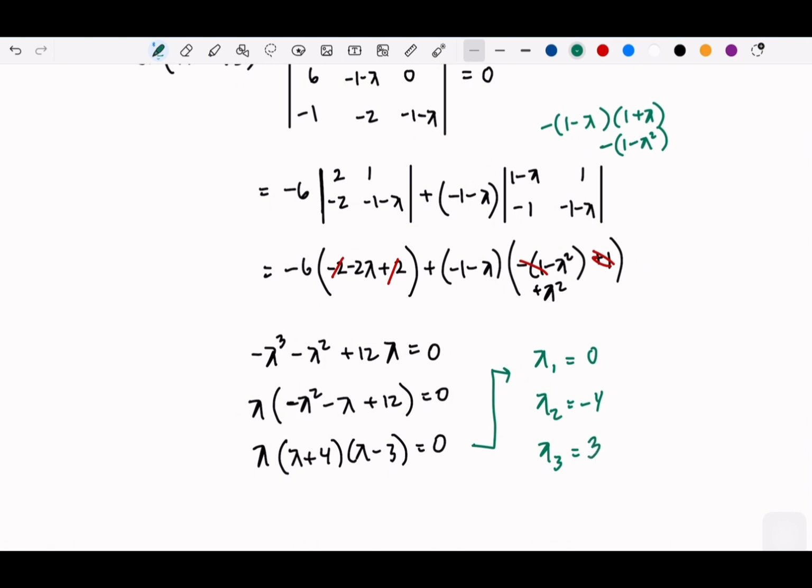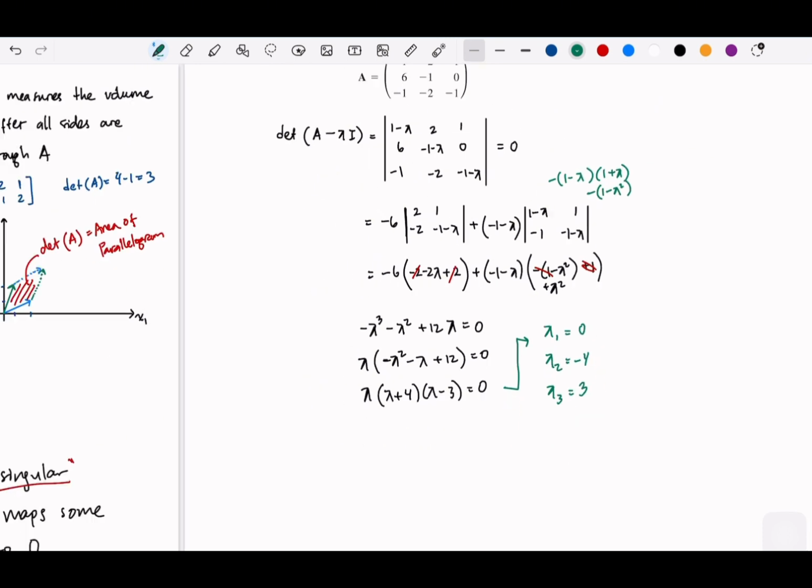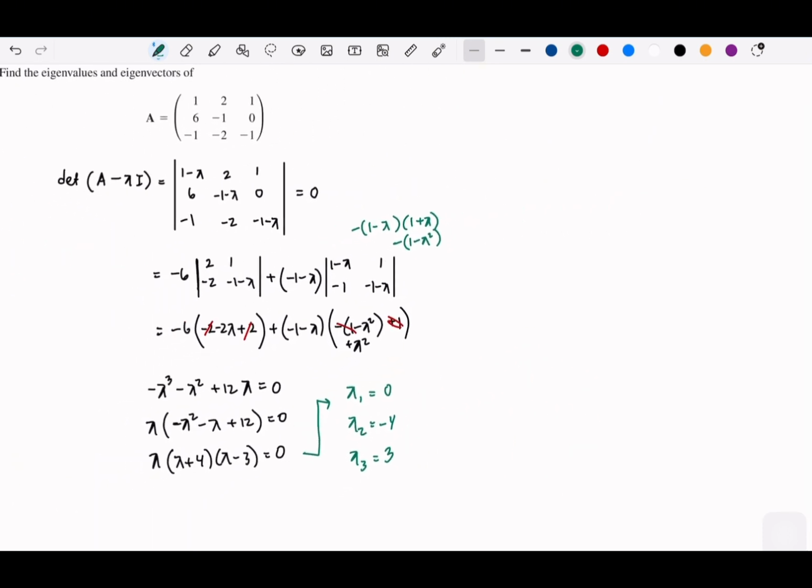Okay. Now what's next is we are going to test these eigenvalues, and we need to find the eigenvectors through this. So there are a lot of processes. It's simple, but it takes time to write manually.